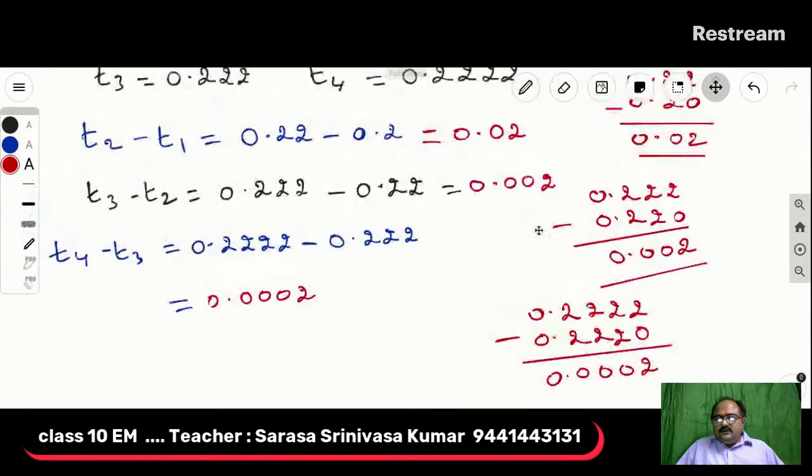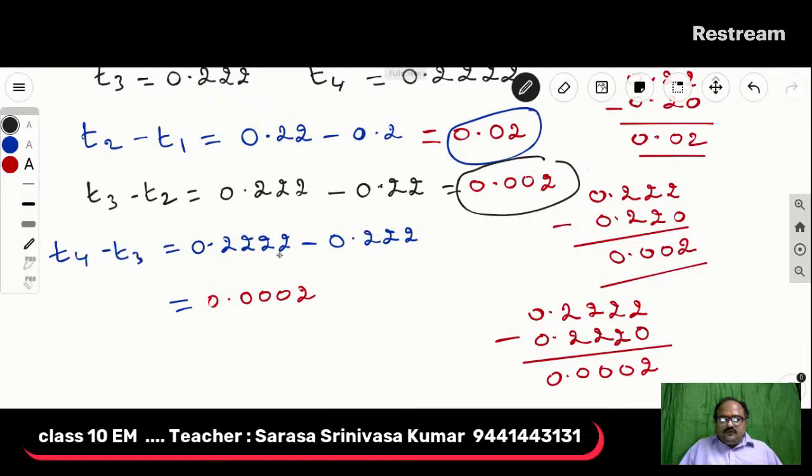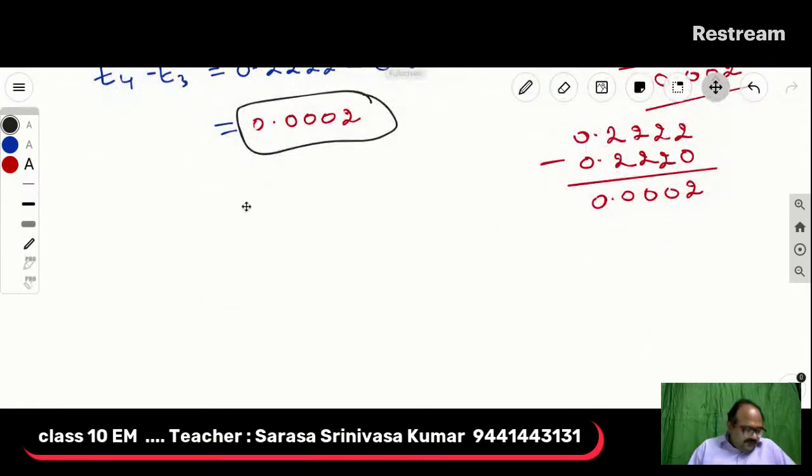T2 minus T1 is 0.02. T3 minus T2 is 0.002. Next, T4 minus T3, we got this value, 0.0002. So there is no common difference. We write this step.